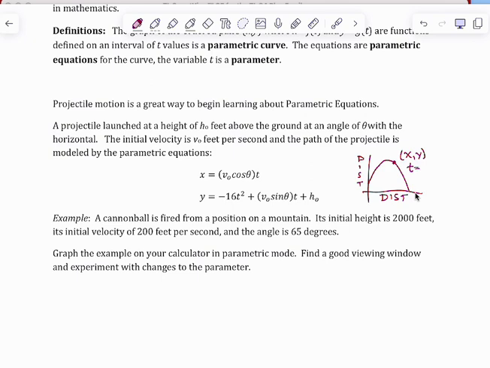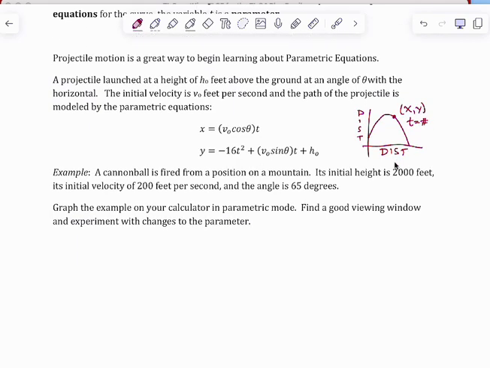So t would be equal to some number. It's not an axis. You might say at a time of 2, this is where the projectile is. And I made up a problem. We're going to graph it on the calculator and kind of play with the calculator. You'll see some similarities to polar.